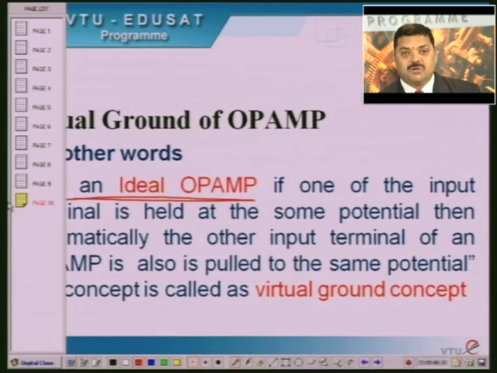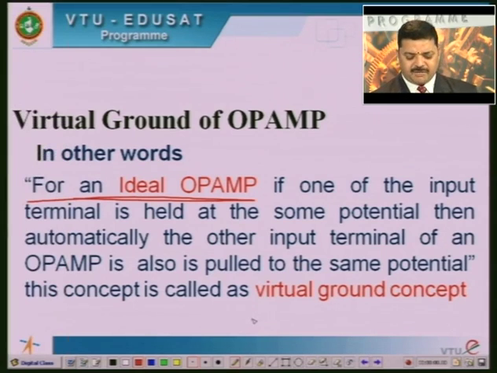It may be 0 volts or it may be 5 volts. If one of the input terminals is held at 5 volts, automatically the other input terminal is also pulled to the same 5 volts. And this concept is called the virtual ground concept. This is very important. Many times this question is asked for 4 to 6 marks: explain the virtual ground concept.